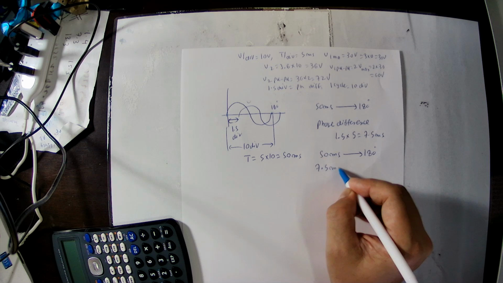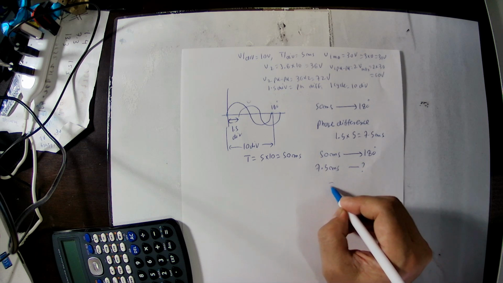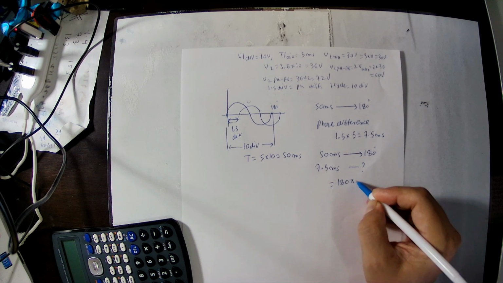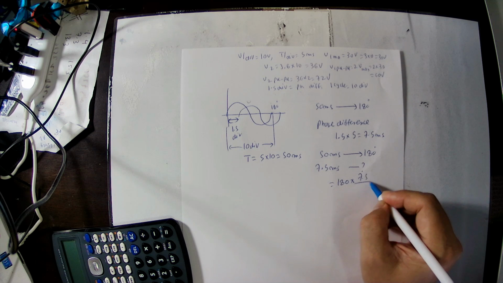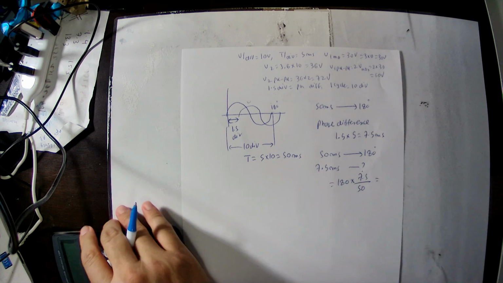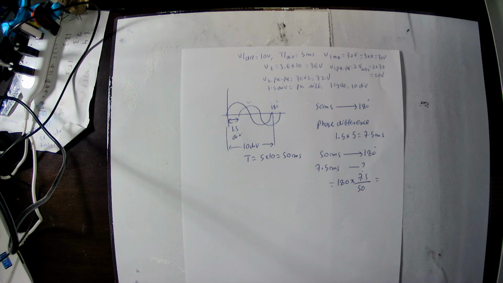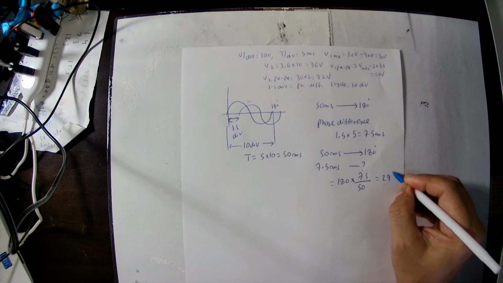So 180 multiplied by 7.5 divided by 50, you get 27 degree. The phase difference we now calculate is 27 degree.